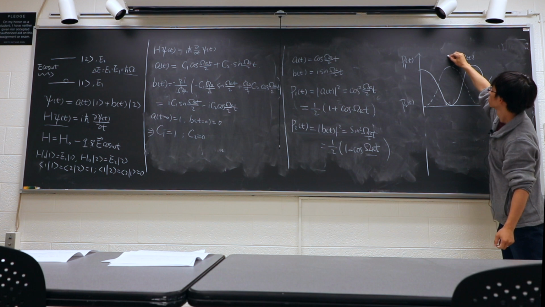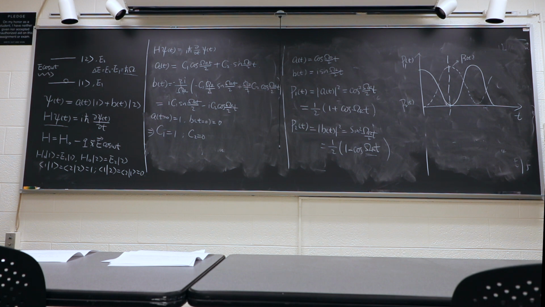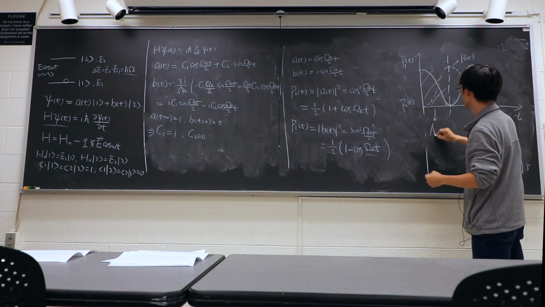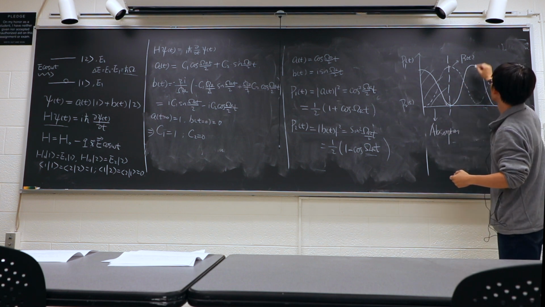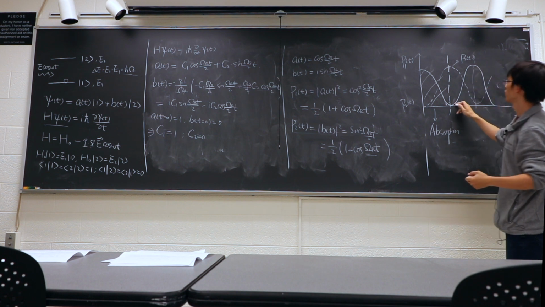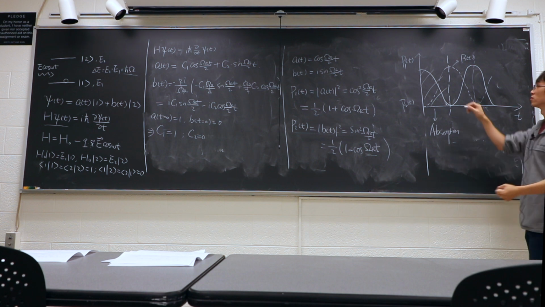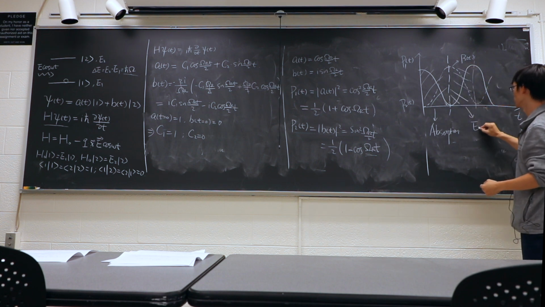And this part, when the atom is moving from ground state to upper state, represents absorption, right? You have energy going into your atom. So this part is absorption. And this part, you have your energy moving from upper state to lower state. So this part is emission.